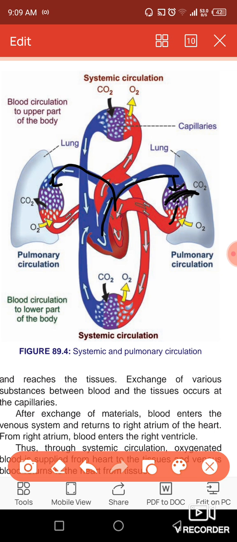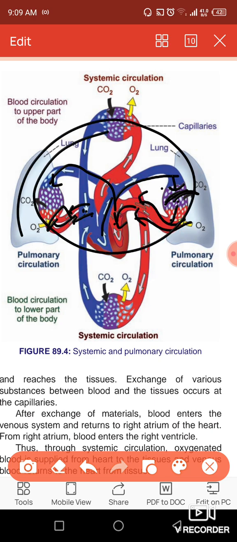These arteries, as you can see here, divide into two veins. So this is called the pulmonary vein and it is going to enter into your left lung. Okay, and from the right atrium blood is going to your lungs. So this is the concept of pulmonary circulation.